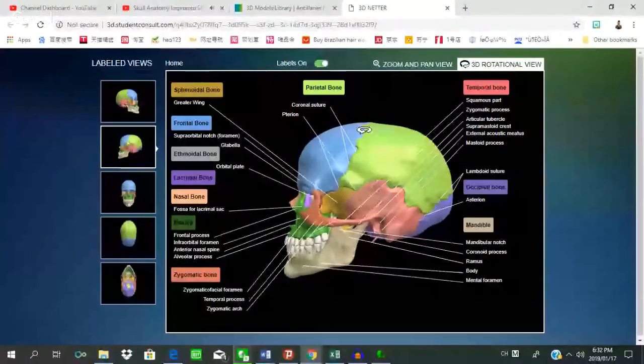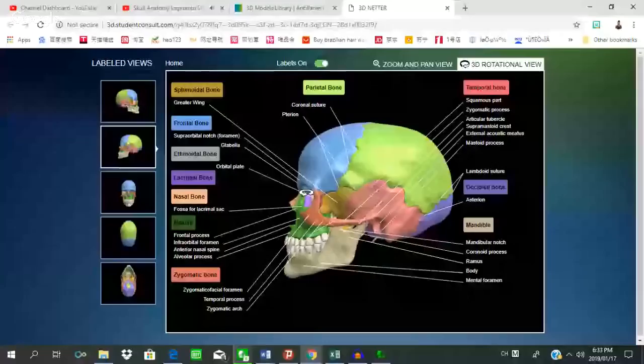On the bone at the back, that is what we would call the occipital bone. Then we have the temporal bone, which is highlighted in this light pink. The sphenoid bone is found more prominently inside, as you see if we rotate the view of the skull.